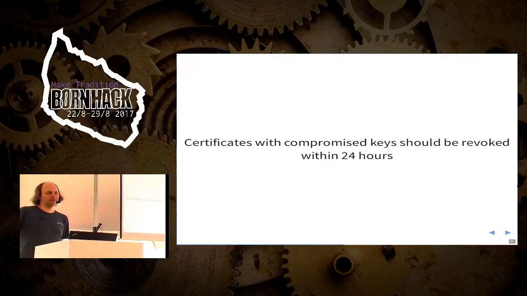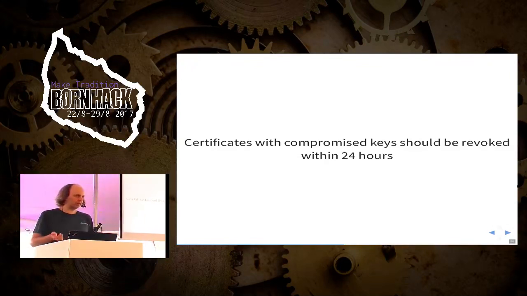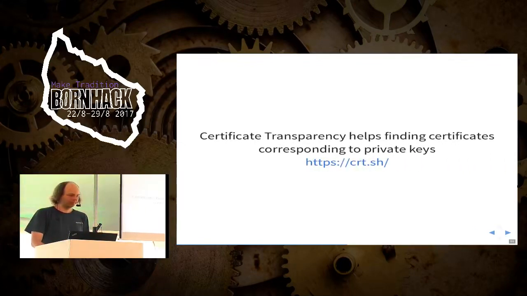And if a key is compromised, they're supposed to revoke a certificate within 24 hours. They usually do that, but they usually are not as fast. Usually it takes them a few days, and sometimes some pressure. Interesting here is that, let's say you have a private key, but it doesn't necessarily match the certificate of the site where you downloaded it.